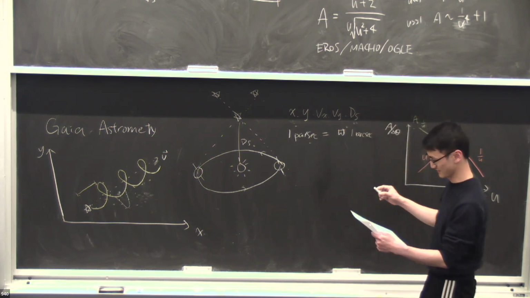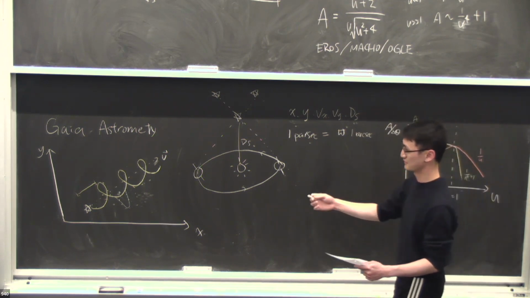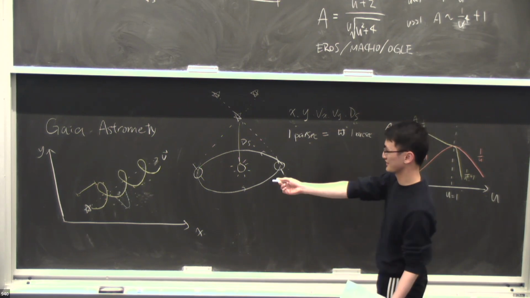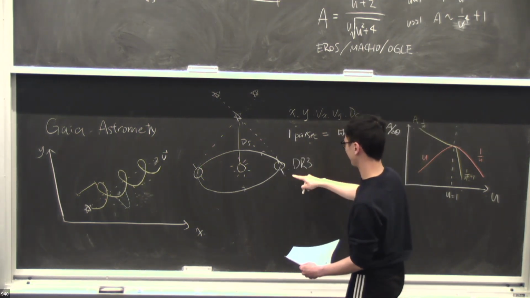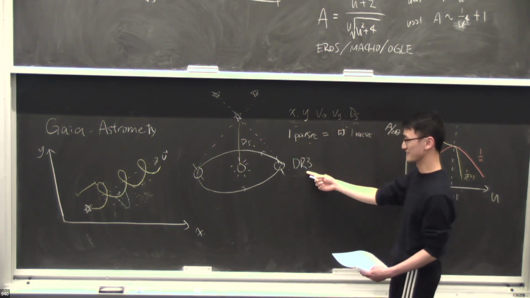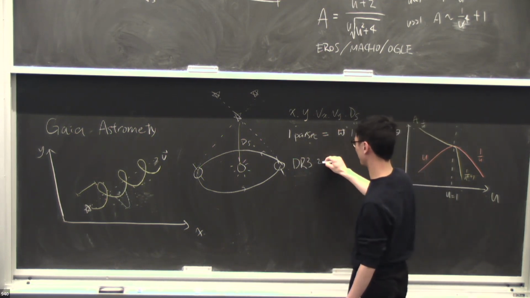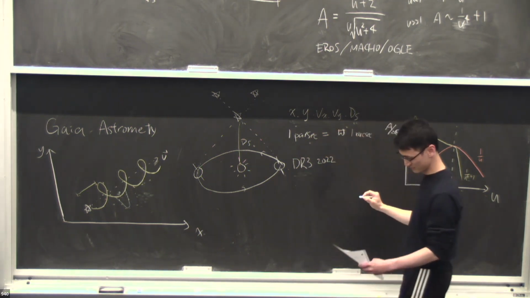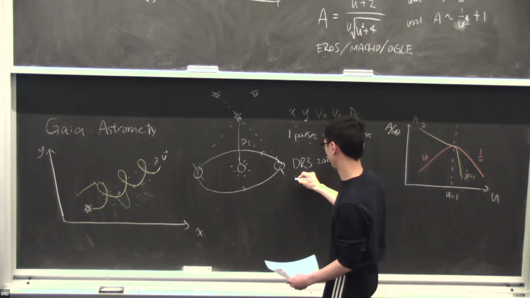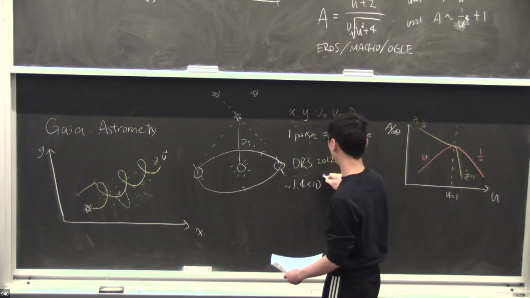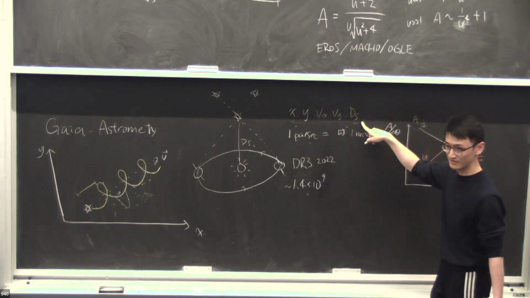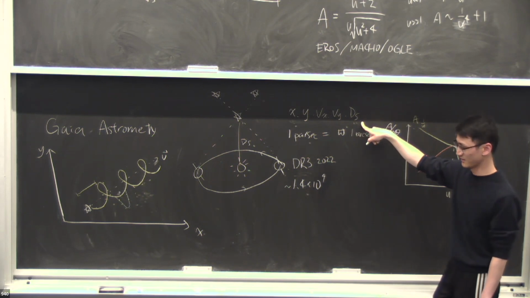So yeah, just to basically summarize what Andrea's question was. Currently, Gaia just released its third data release, in 2022, and they have roughly 1.4 billion stars with these 5 parameters reported.